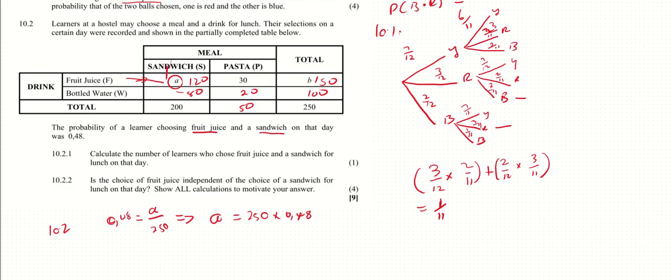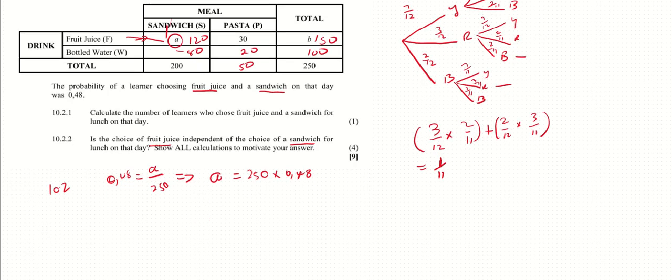10.2.2 asks whether the choice of fruit juice is independent of the choice of a sandwich for lunch on the day. Remember, for them to be independent, the probability of a fruit multiplied by the probability of a sandwich should be equal to the probability of fruit and sandwich.